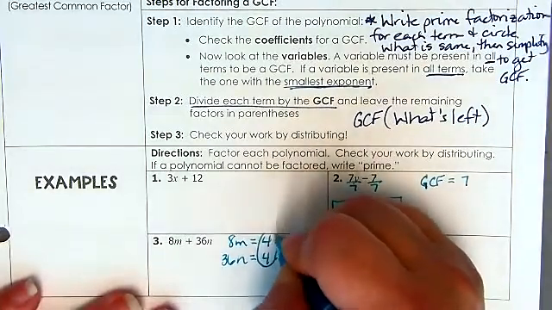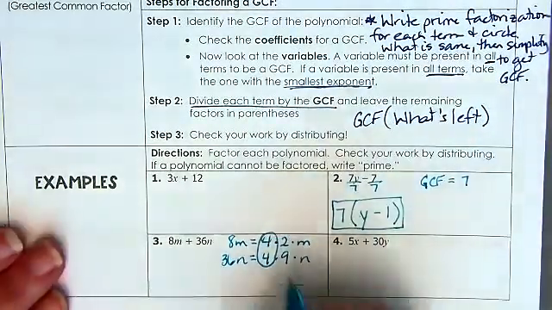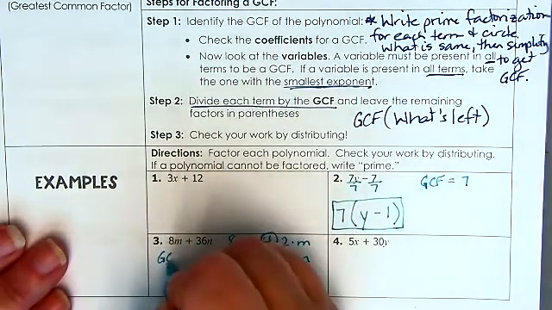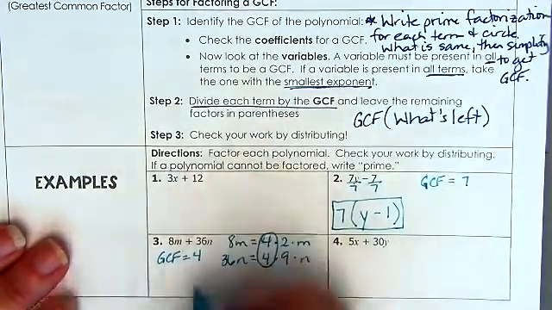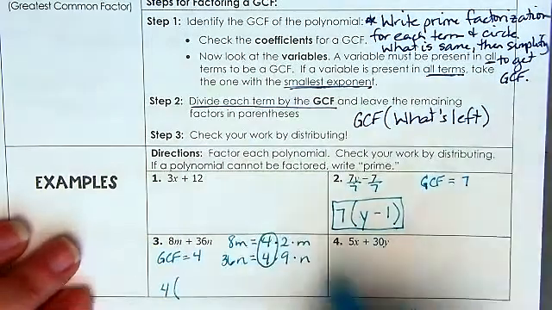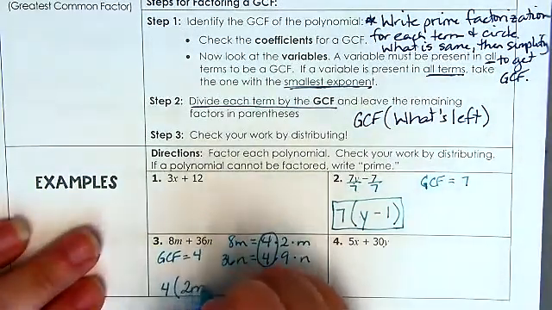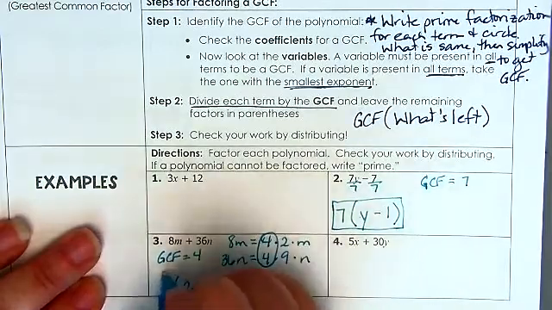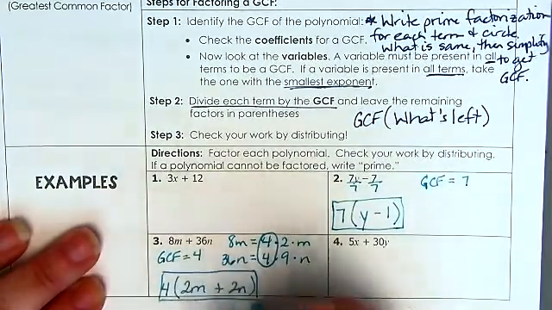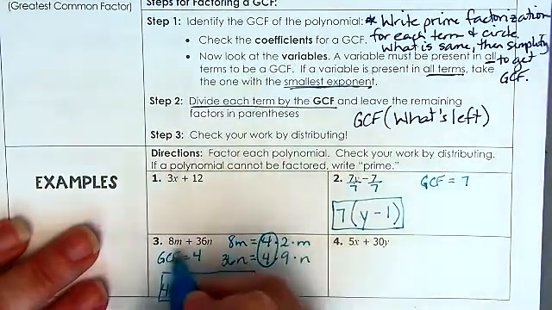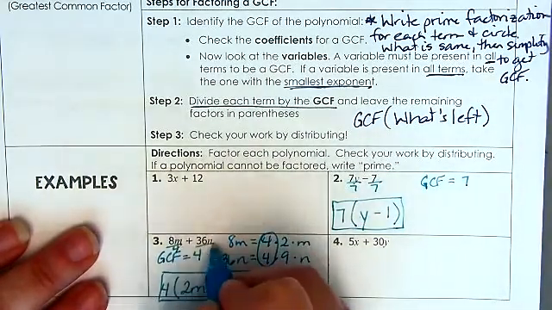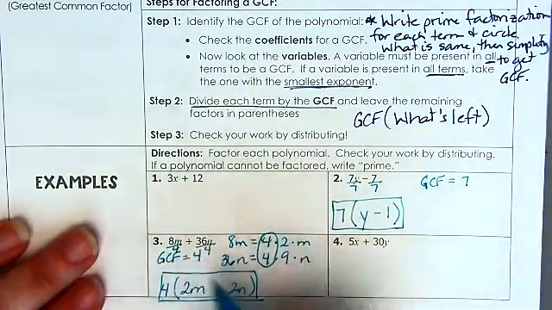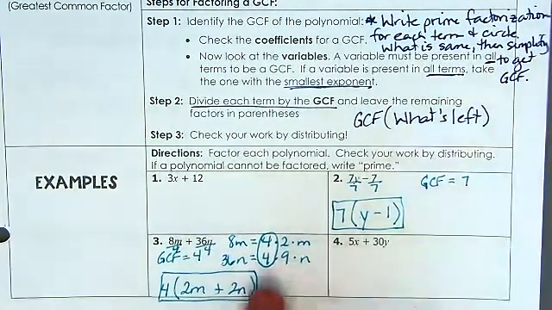So I circle what's common, nothing else the same, so that my GCF is 4. So I'm going to have 4 times what's left, 2m plus 9n. And there's my answer. And if you automatically see that it's a 4, then you can just go and do this division by 4. But you have to tell me what your GCF is. Some of you may need to do this, and that's okay.